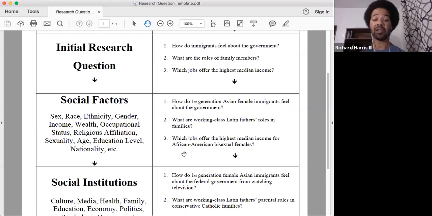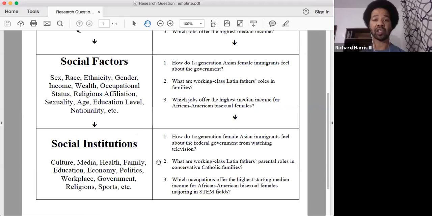All right, here are the social factors right here. Are we going to focus on heterosexual males in this question? No, not at all. So the social factors narrow down the group of population. Lastly, we're going to make sure that each of these questions has a social institution in the question.